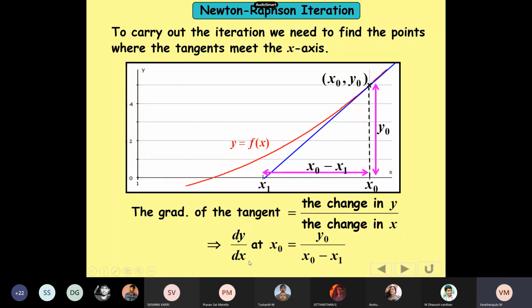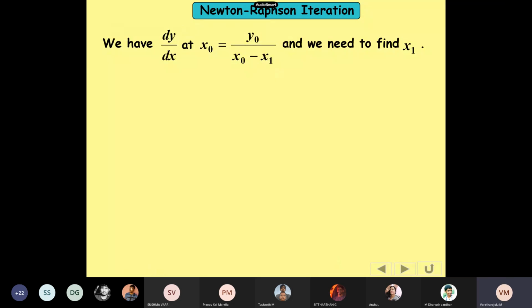Dy by dx, the differentiation of the function at x naught, is equal to y naught divided by x naught minus x1, and we need to find the value of x1. Our ultimate objective is to find the alpha value, that is the appropriate result.